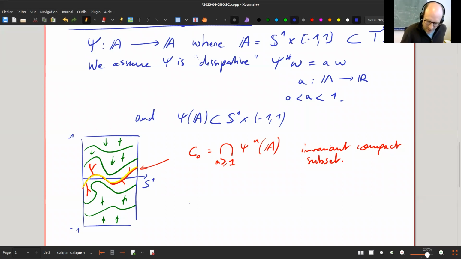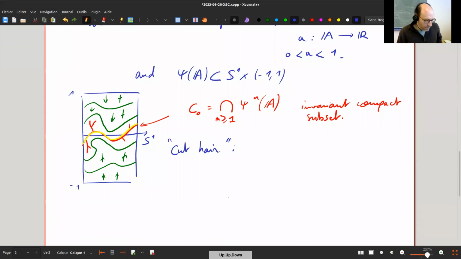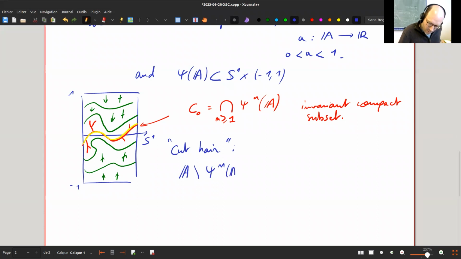So what does it mean? So we cut hair. What does it mean? It means that we consider A minus the nth iterate of A, okay? This has two connected components, un plus and un minus.